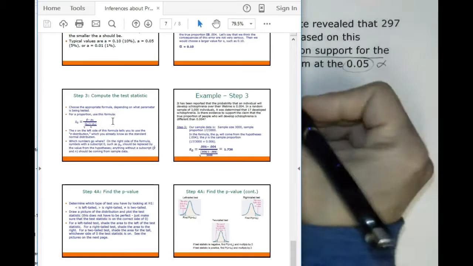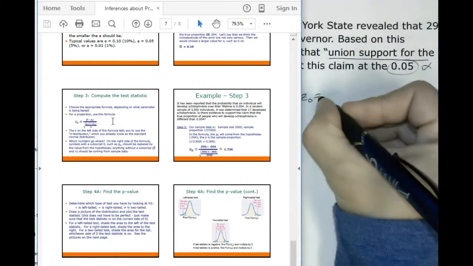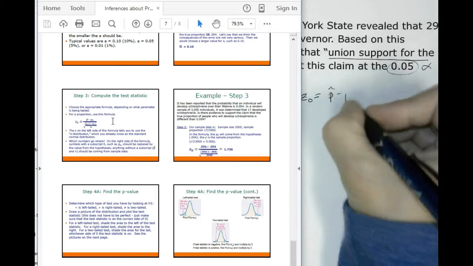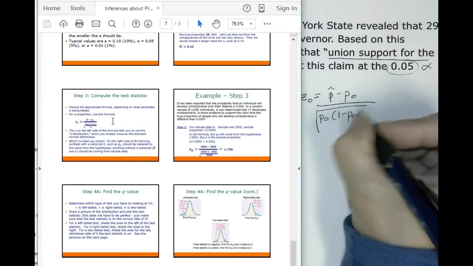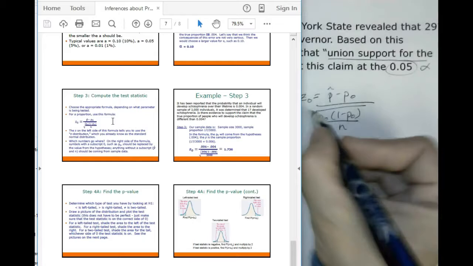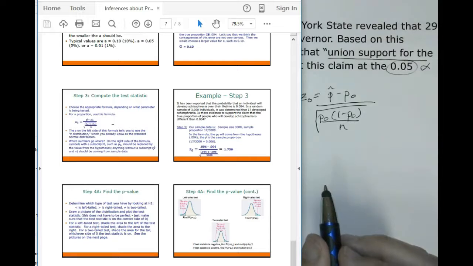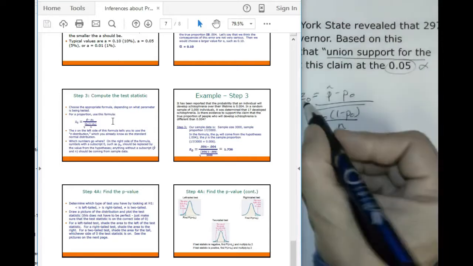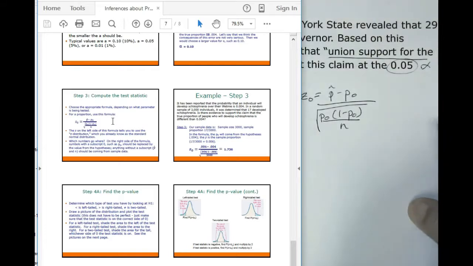So my formula for my test statistic looks like this. And it's important that this is a z, because later when you get to finding your p-value, you need to know which distribution function to use. So it's important to write down either the z or the t from this formula, besides just the rest of the formula.